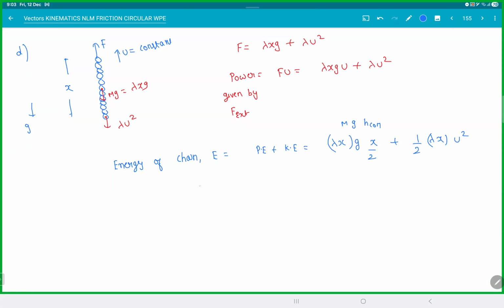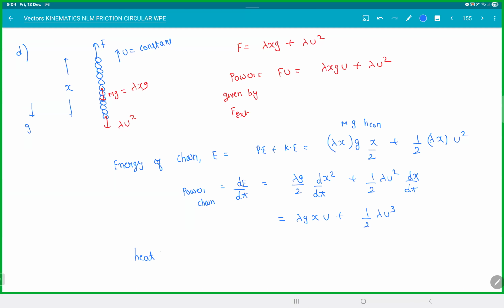This is your energy of the chain. So the power absorbed, or power stored, by the chain will be dE by dt. That would be lambda g by 2 times the derivative of x square, plus half lambda u square dx by dt. This comes out to be lambda g x, with dx by dt being u, plus half lambda u cube. Can you see some difference there?